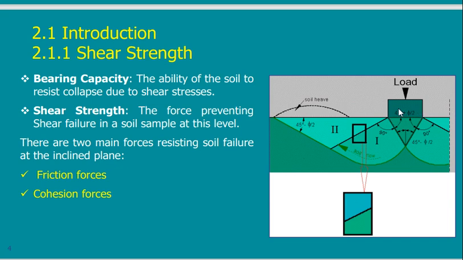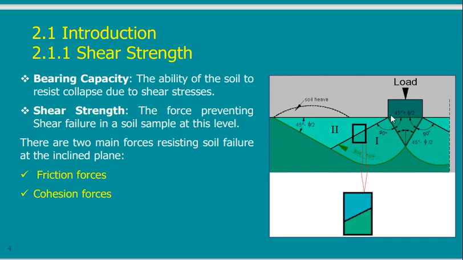To penetrate the soil, what will happen? This triangle will push this wedge to the right and the other wedge to the left, or all around. So this wedge is going to be pushed by this one.